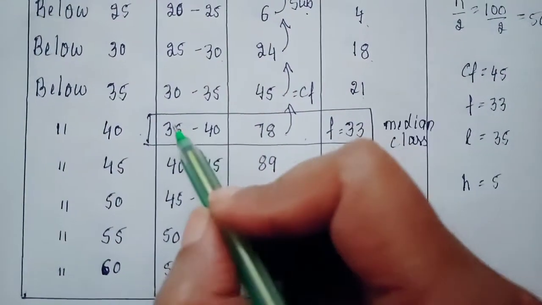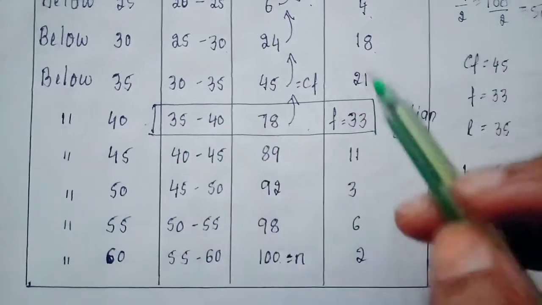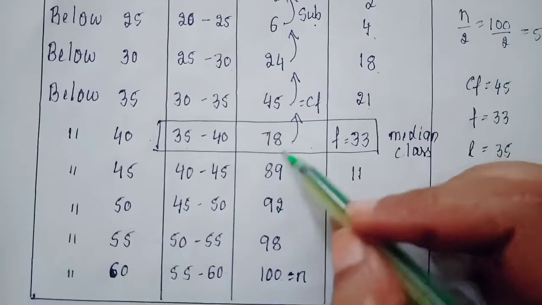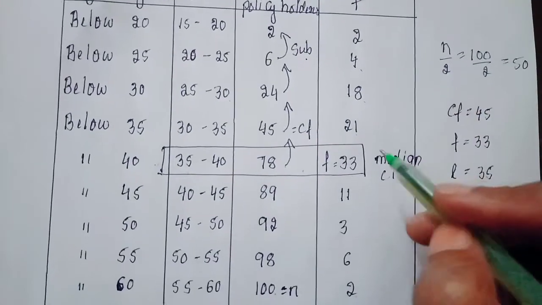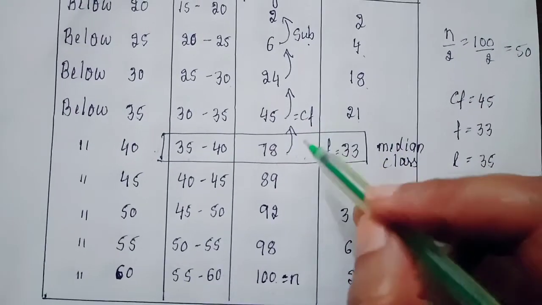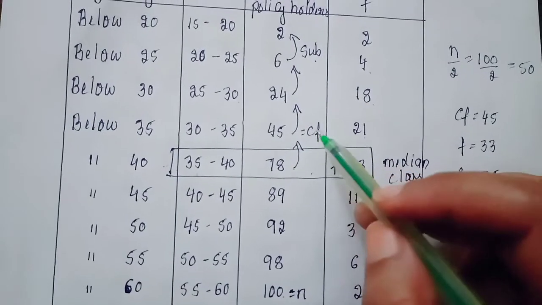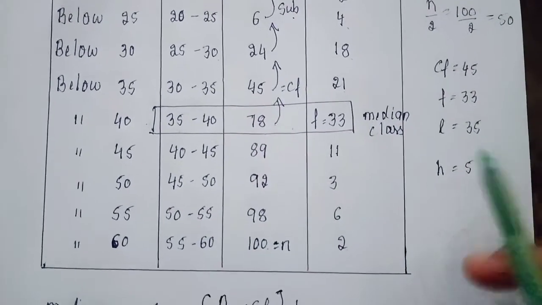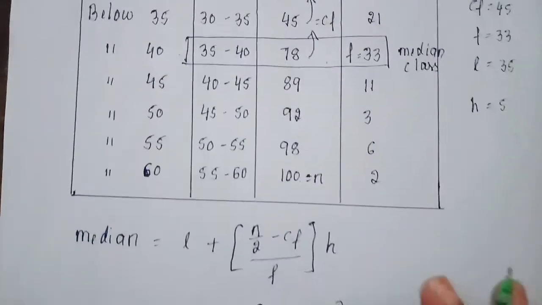Now, what is L? L is 35. What is F? By mistake, don't take the other column; this is not F, this is F. So F is 33, and CF is the value preceding the median class in the cumulative frequency column, that is 45. And H is the class size, that is 5.